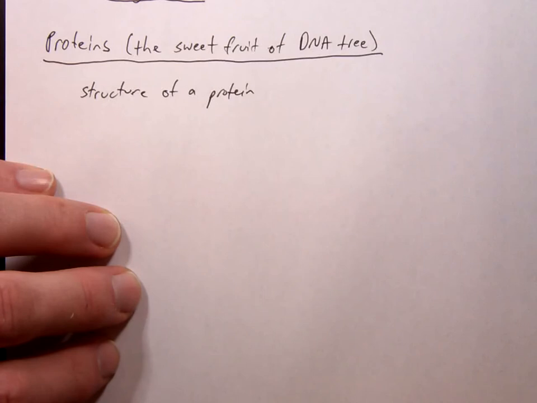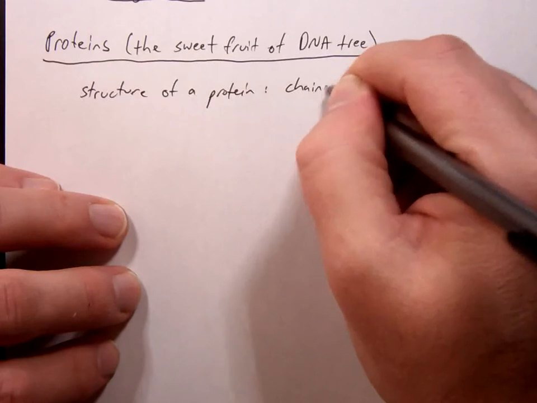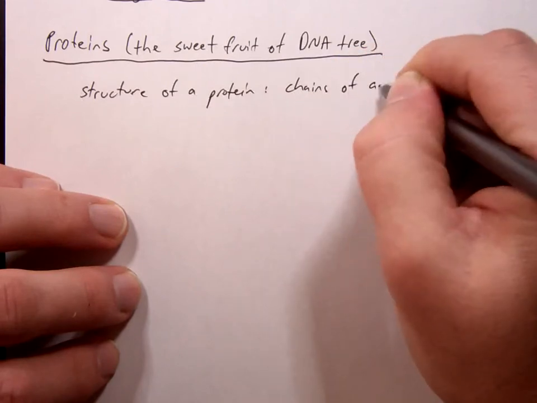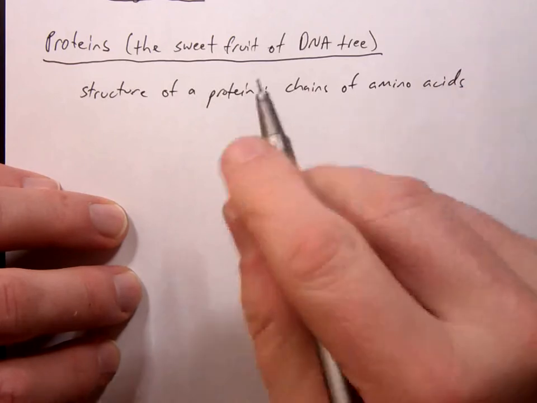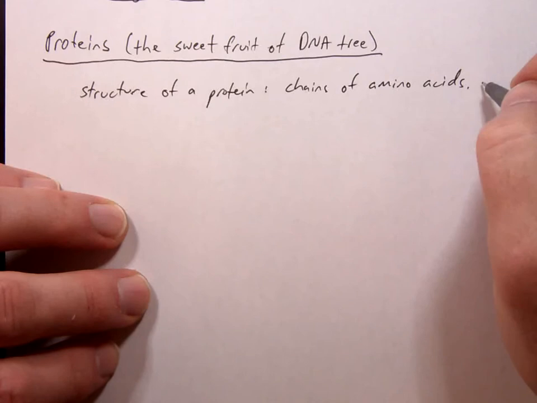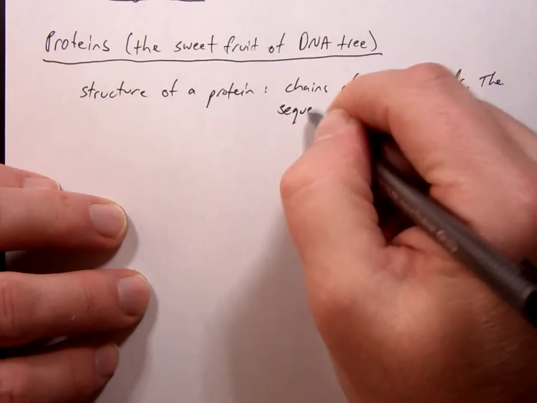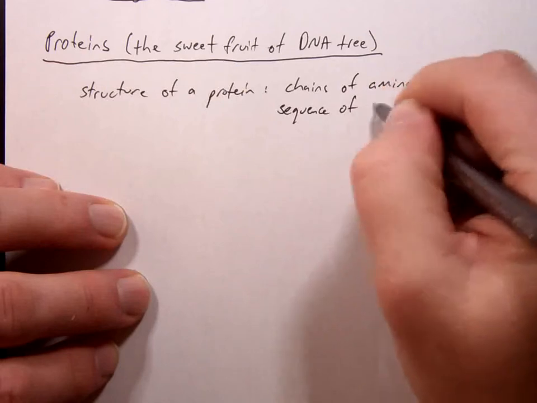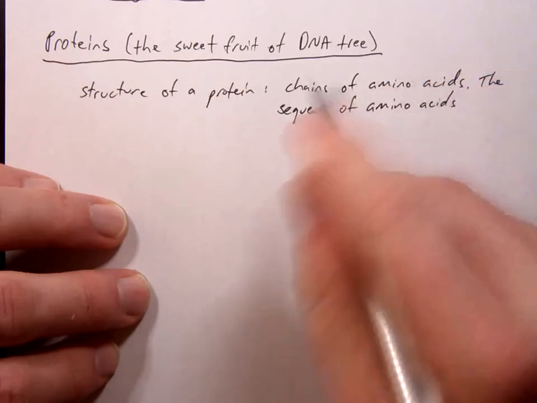Structure of a protein. They are chains of amino acids, and the sequence of amino acids matters.